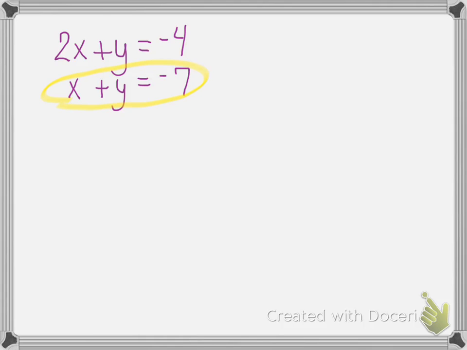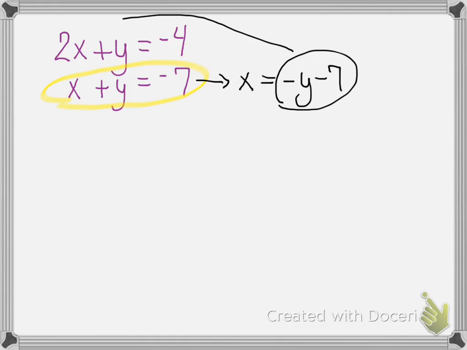So I'm going to take this equation and I'm going to solve it for x. So that means I have negative y minus 7. Okay, so I'm going to take this and I'm going to put it in where the x is in the second equation. Now one thing on this kind of problem that you're going to have to be careful of, and this happens a lot, not just because I solve for x, just because it's the nature of the problem.